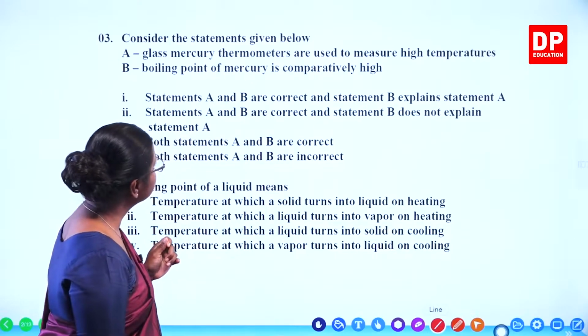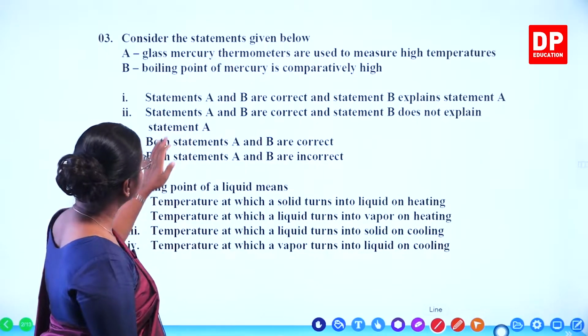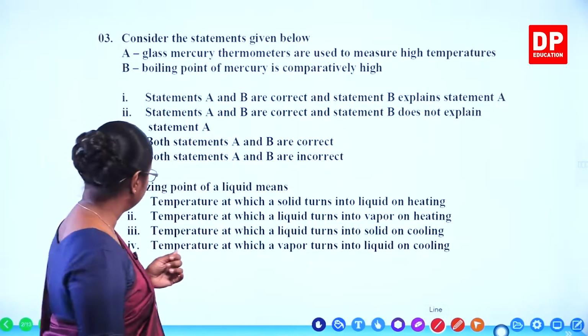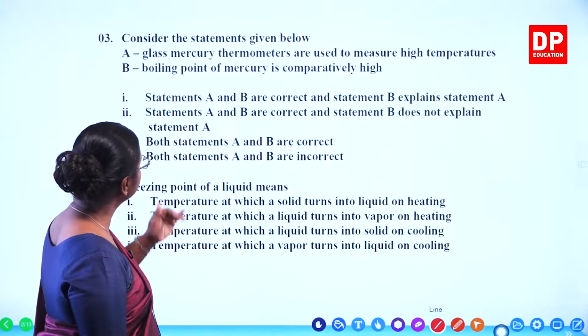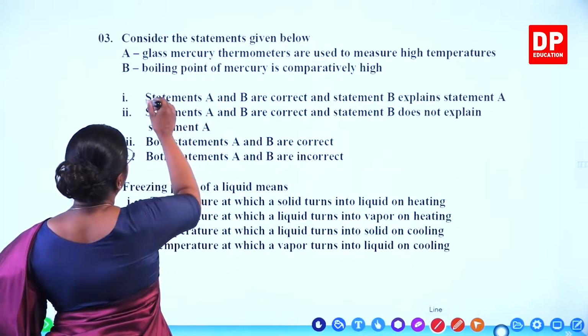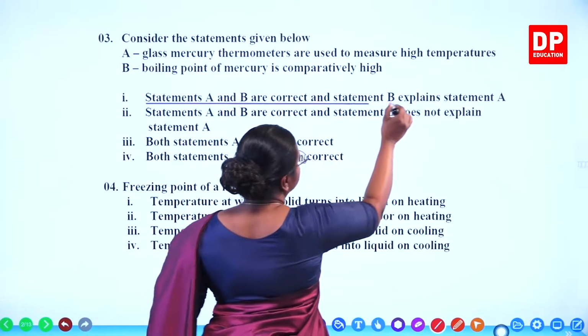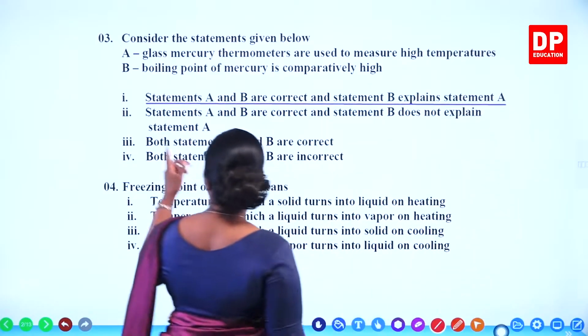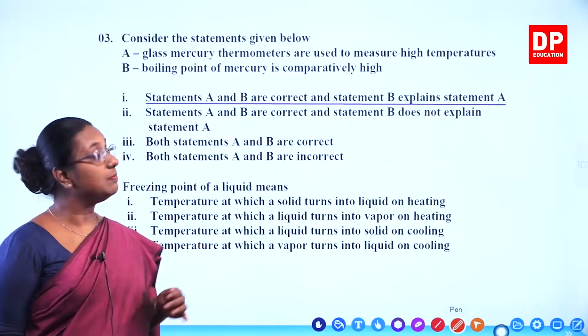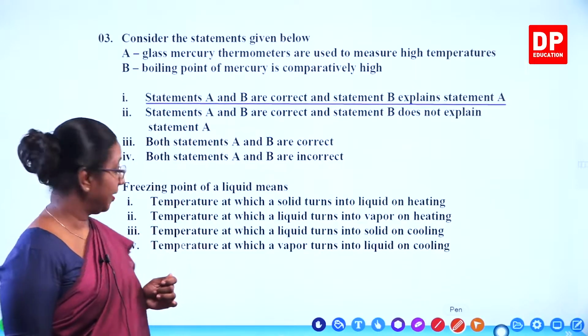And both statements A and B are correct, that is correct, but compared to the first one, this doesn't give a full explanation. And the fourth one, both statements A and B are incorrect. That is of course wrong. So the answer is the first one. Statements A and B are correct and statement B explains statement A.